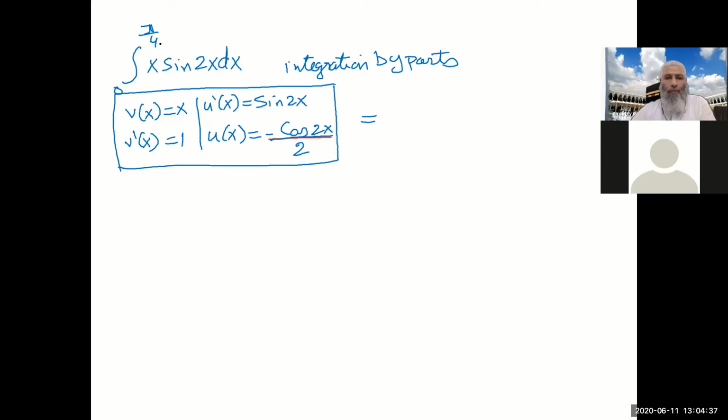The integration from 0 to pi over 4 is... We just use our by parts rule.